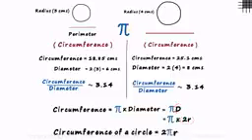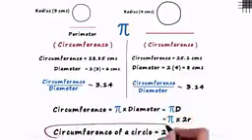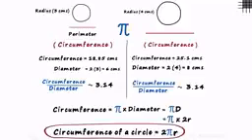So the circumference of a circle is written as 2 pi r. All we did was write this product a bit differently. This is a very important formula as it gives us the value of the circumference even if you just have the radius of the circle.